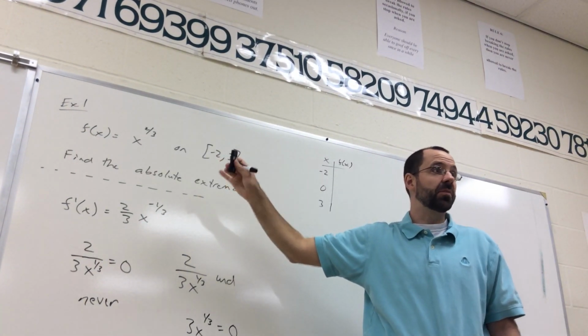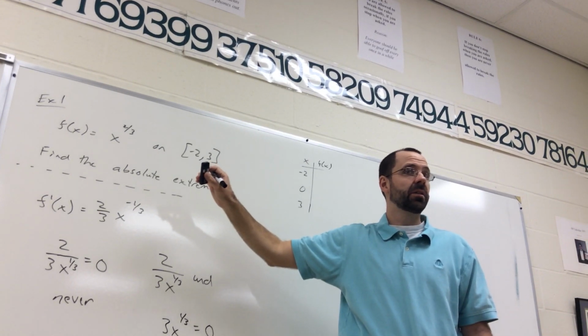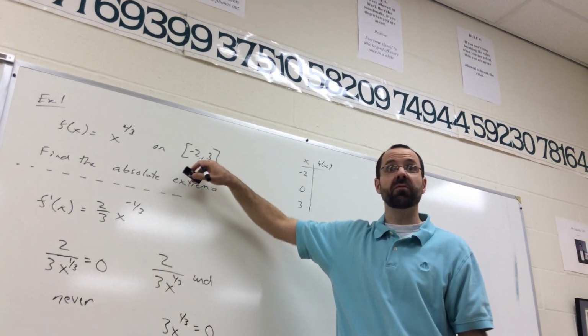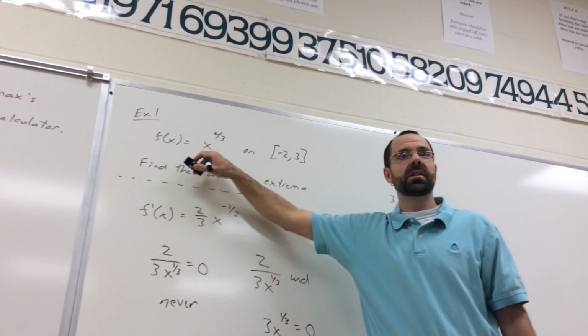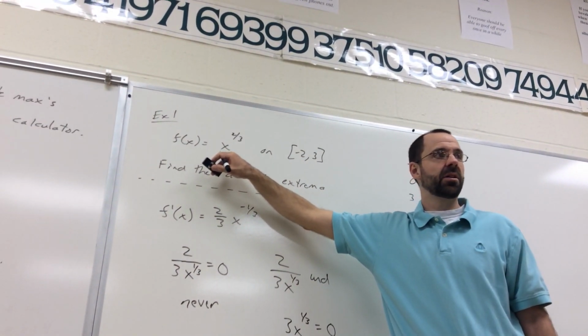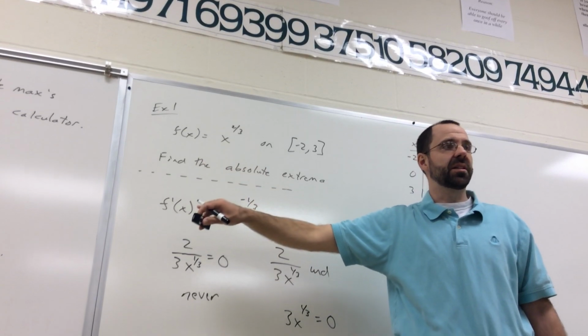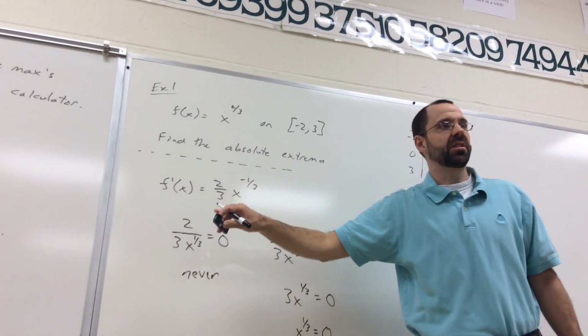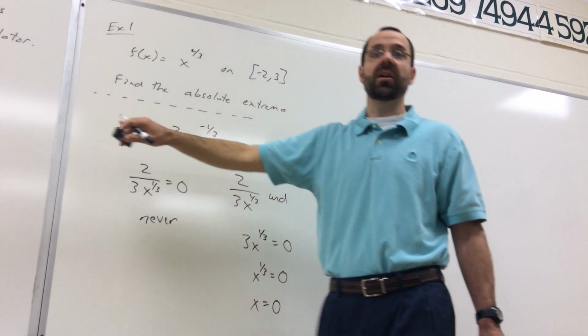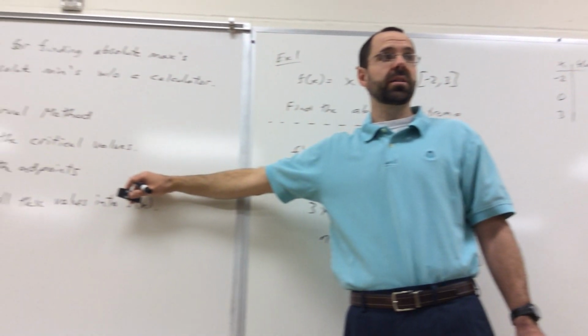Because the absolute max is the biggest y value. So theoretically, I would have to try every x value and figure out every y value to get the biggest y value. But what this method is telling us is you don't have to try every number because it's either going to happen at a critical value or an endpoint.